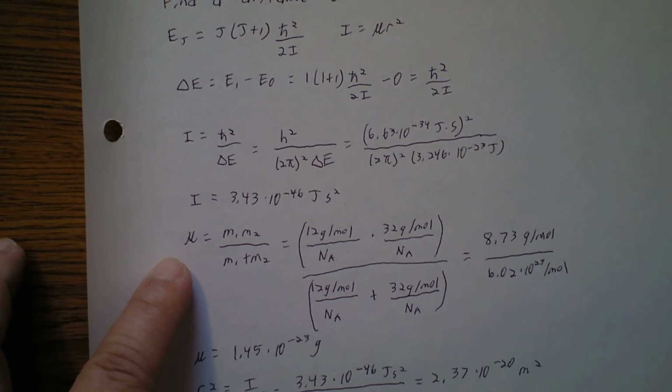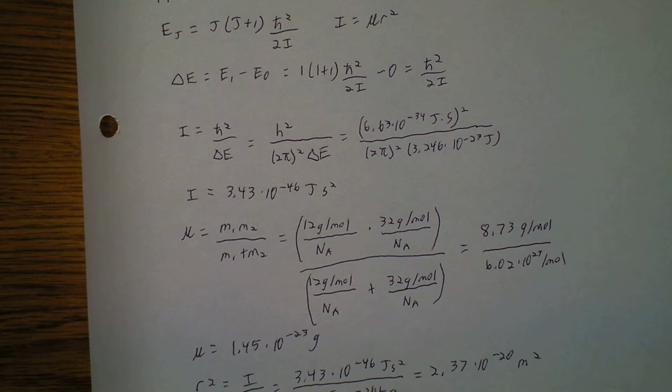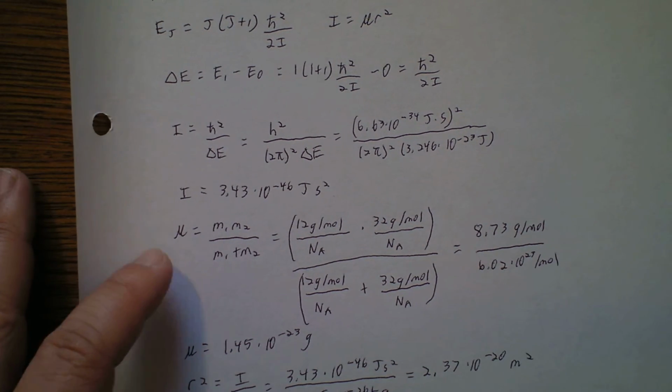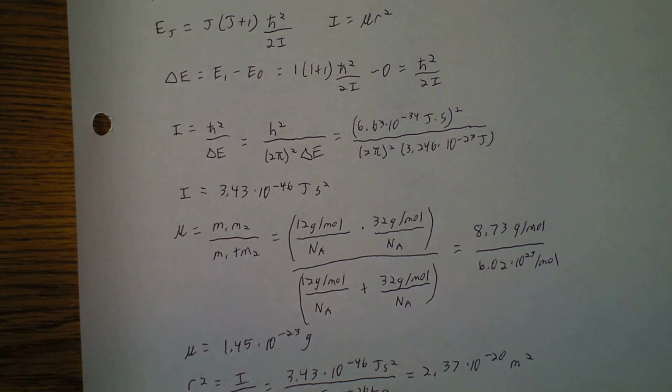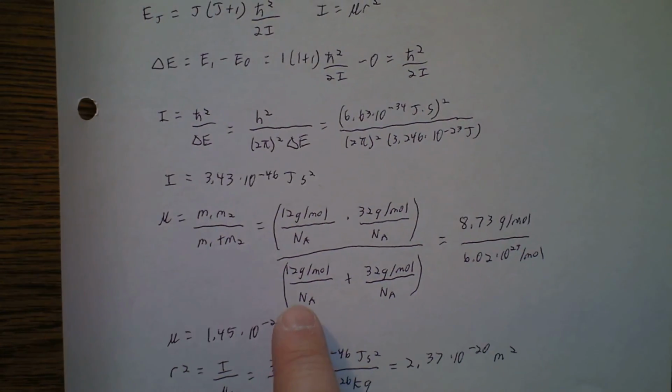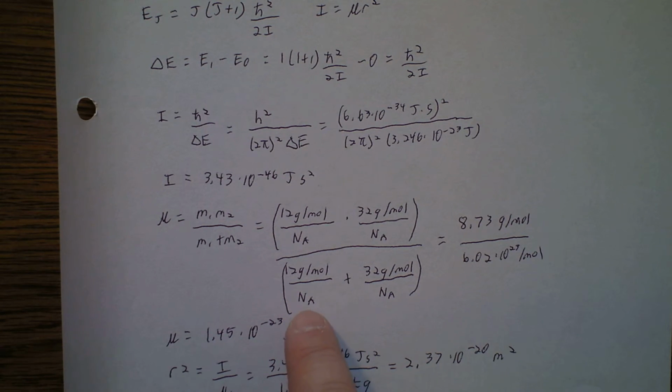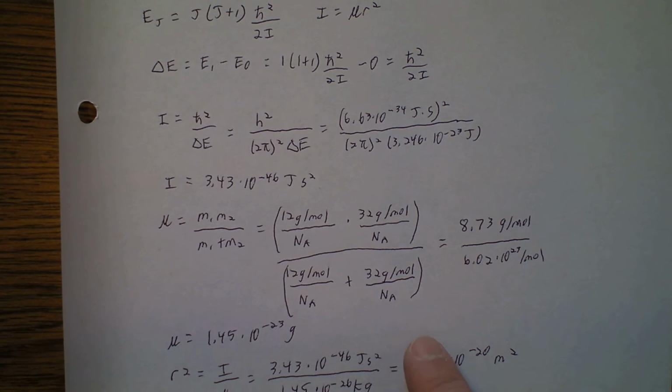Now the reduced mass, remember, is m1 times m2 divided by m1 plus m2. We get 12 grams per mole divided by Avogadro's number to get the mass of one atom. And same thing, 32 grams per mole divided by Avogadro's number. So we get the product over 12 grams per mole divided by Avogadro's number plus 32 grams per mole.